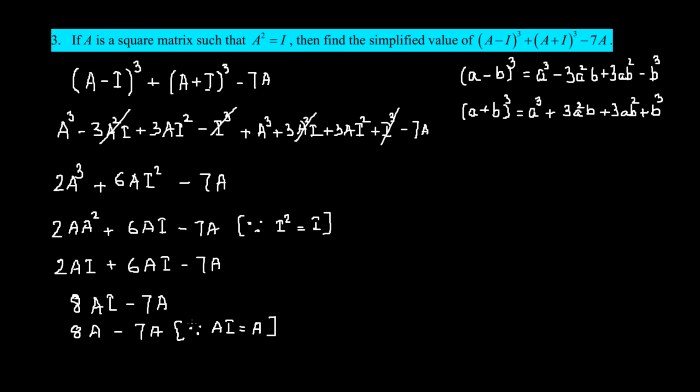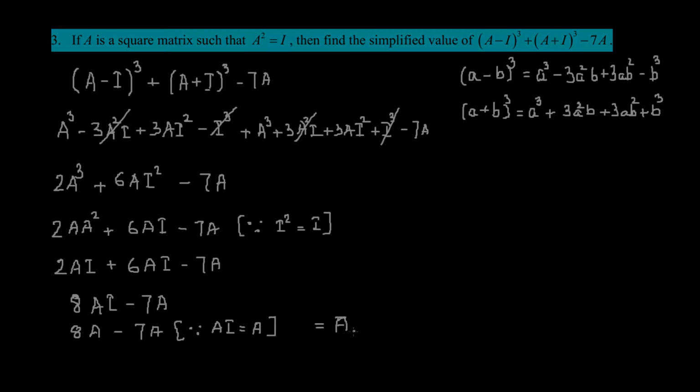So 8A minus 7A, the final answer is A. So that's the simplified form of (A minus I) cubed plus (A plus I) cubed minus 7A: simply A.